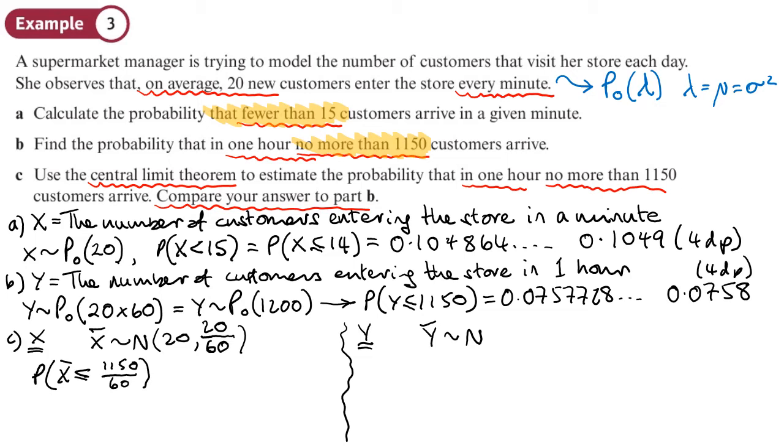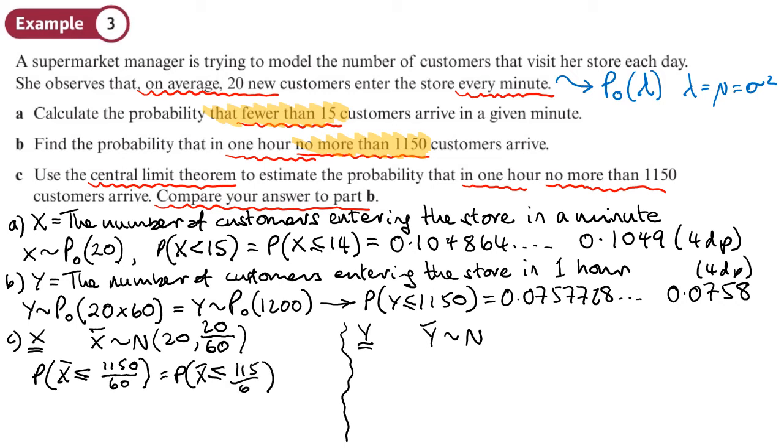So that would be 1150 divided by 60. So we're talking about 19.1666666 recurring. Okay, so actually what we're going to be working out is the probability that it's less than or equal to 115/6.